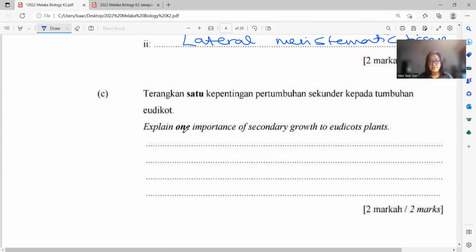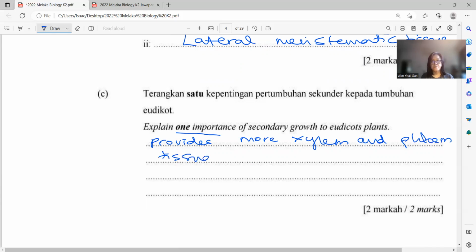Explain one importance of secondary growth to a eudicot. Now there are many importances, so they want one. So okay, we will write one. Provide more xylem and phloem tissues.